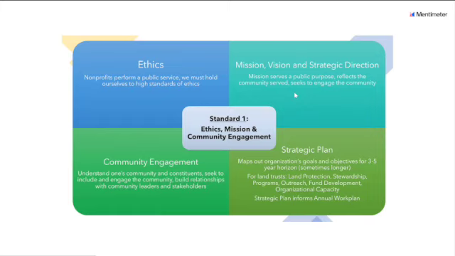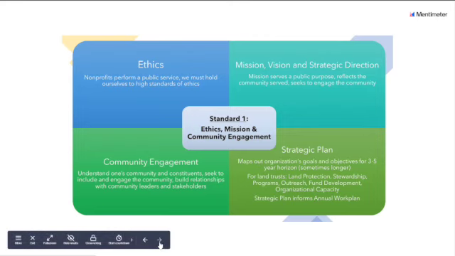While inspiring, they don't have to be vastly different from other organizations' plans or from plans that existed before, and their goals should be attainable. For land trusts, they're usually going to include goals in the areas of land protection, stewardship, programs, communications, fundraising, and organizational capacity. And then from the strategic plan derives the annual work plan.